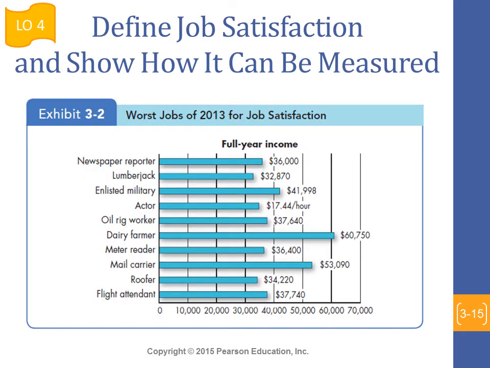This exhibit 3.2 talks about the worst jobs in 2013 as far as job satisfaction is concerned. On the y-axis we have the different listed jobs, and on the x-axis we see the salary level of the full year income.